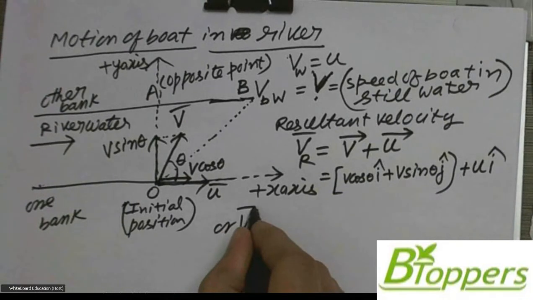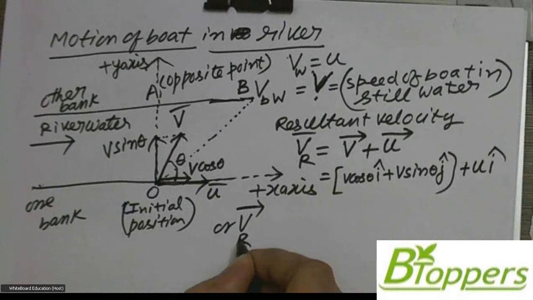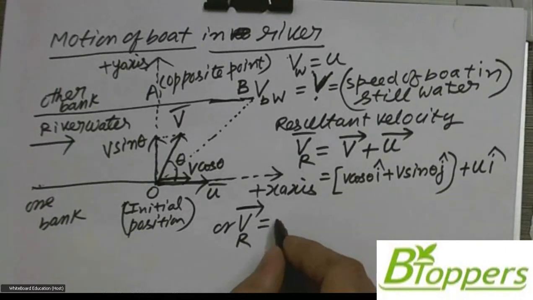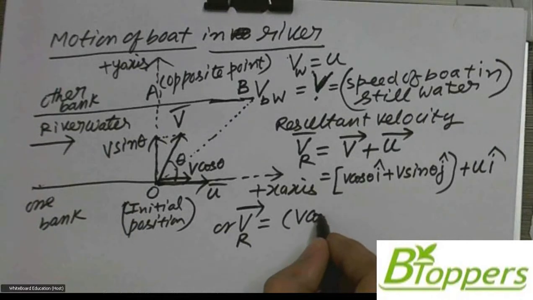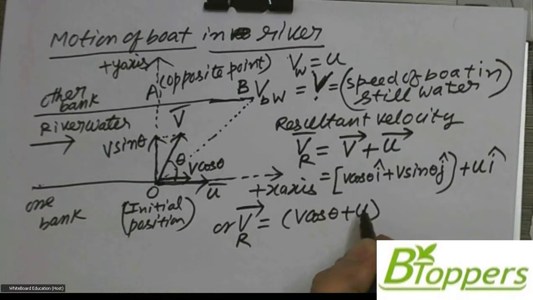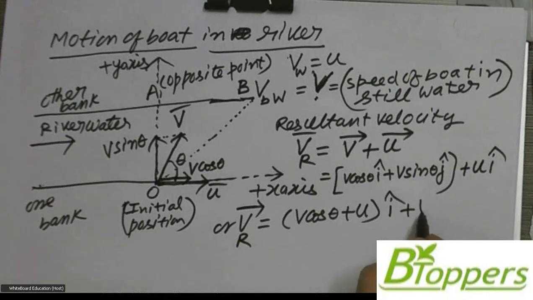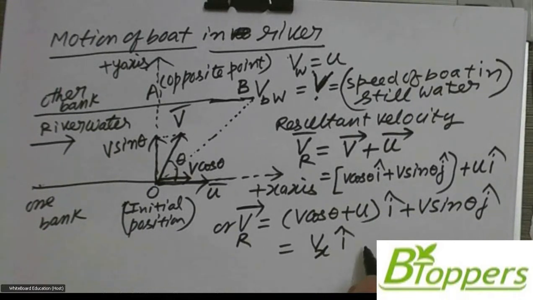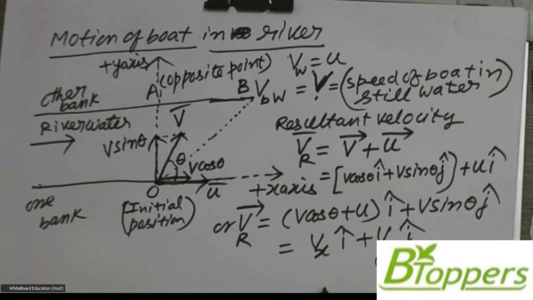So the resultant velocity of the boat, or you can say the actual velocity of the boat, as seen by a stationary observer on one of the banks, you can write this way: v cos theta plus u into i cap plus v sin theta into j cap. So you can write in this form Vx into i cap plus Vy into j cap.